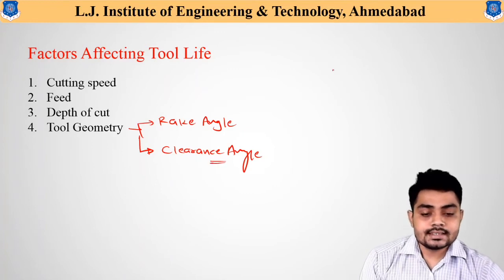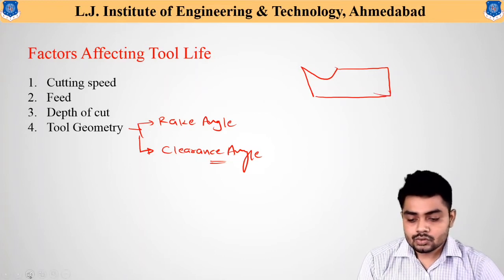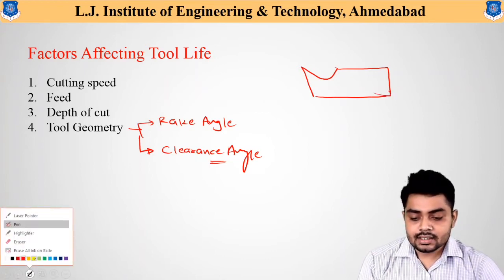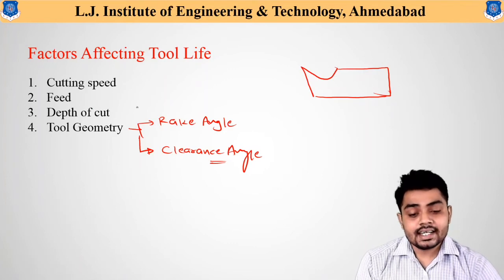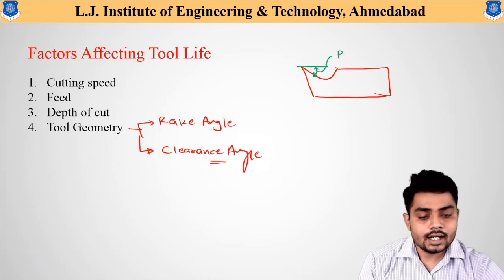So in this case, let us draw the figure. In this figure, which is the rake angle? As we have studied, the horizontal makes an angle with this face, and this angle is called the rake angle.